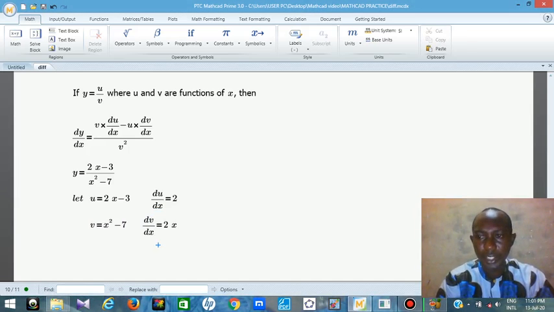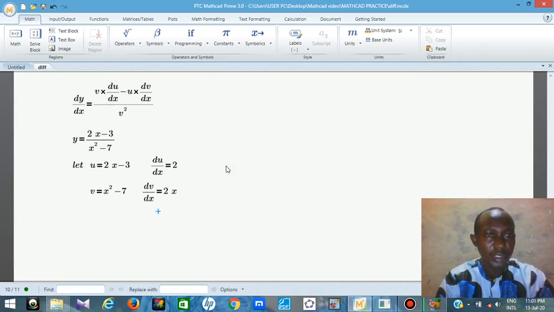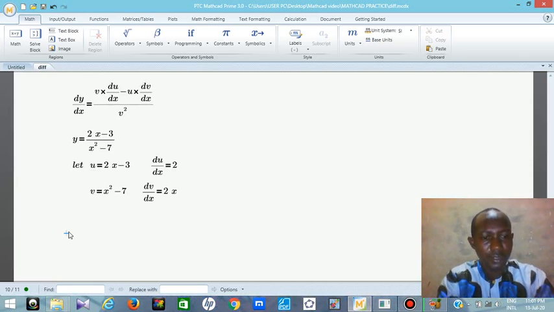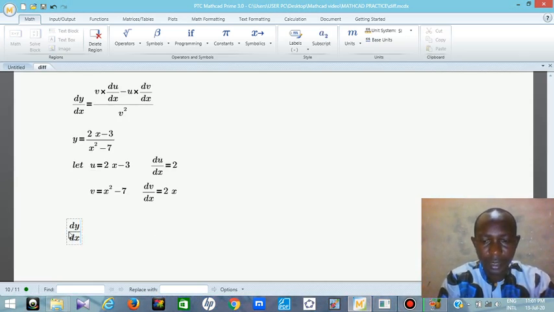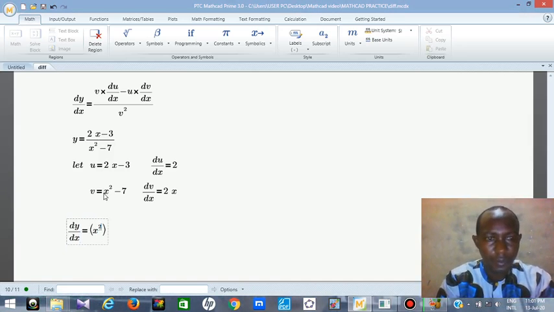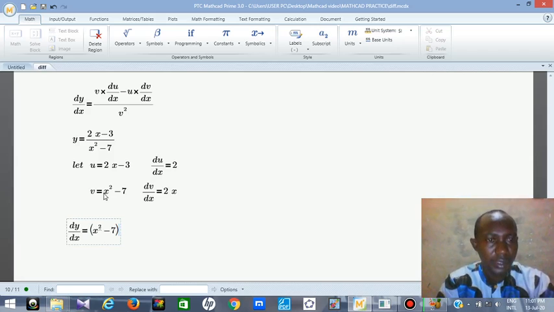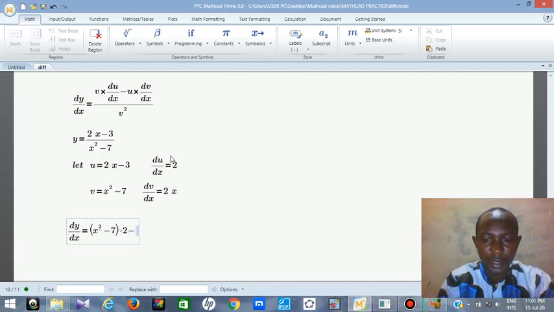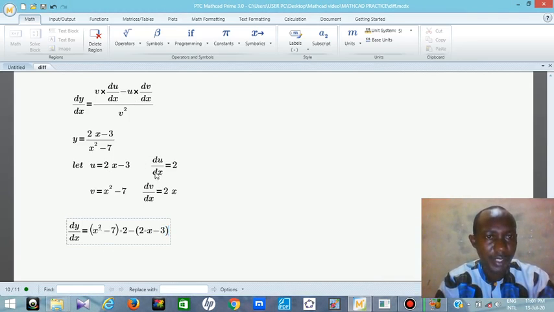Then the next thing here is to substitute into the formula. Substitute these values you just have into this formula, and that will give you your answer for dy/dx. So dy/dx will be equal to, we start with v, put it in brackets: (x squared minus 7) times du/dx, which is 2, so times 2, then minus, then you open bracket again, which is u, (2x minus 3), times dv/dx, which is 2x.